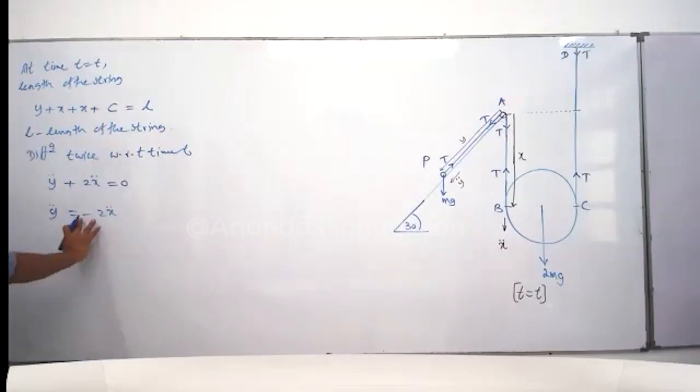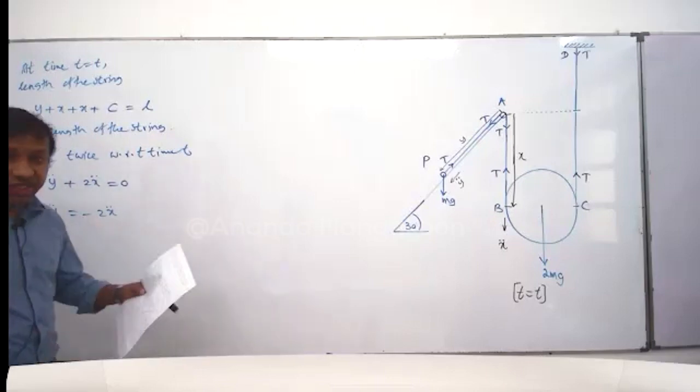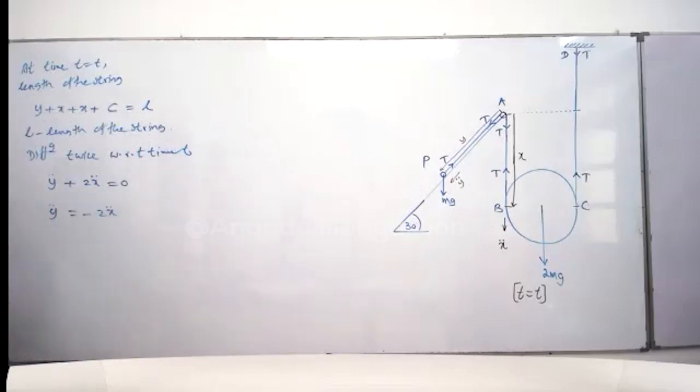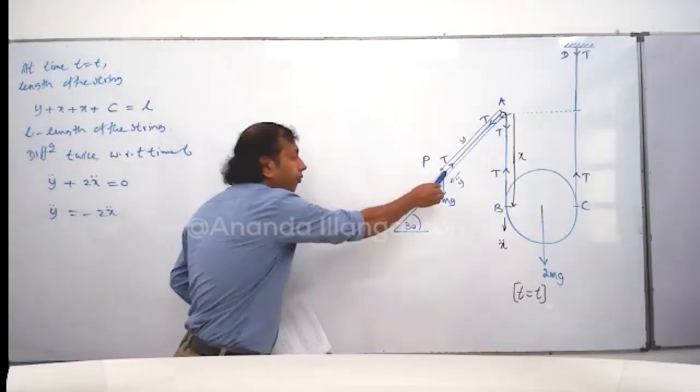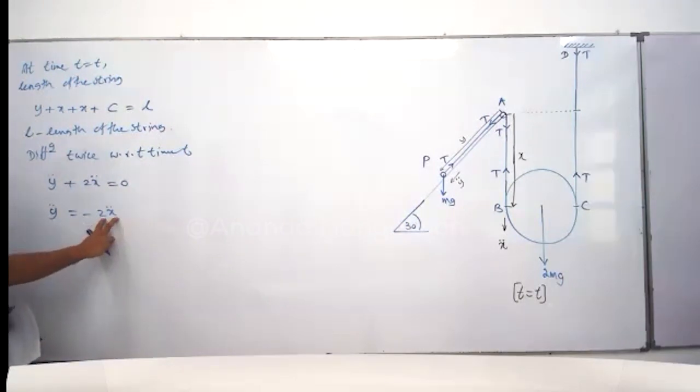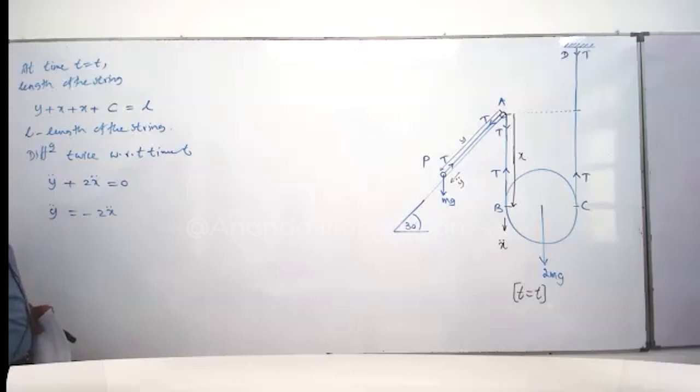And this sign, of course, we need not consider at the moment because we need to show only the sizes. This says the magnitude of y double dot is 2 times the magnitude of the pulley's acceleration.